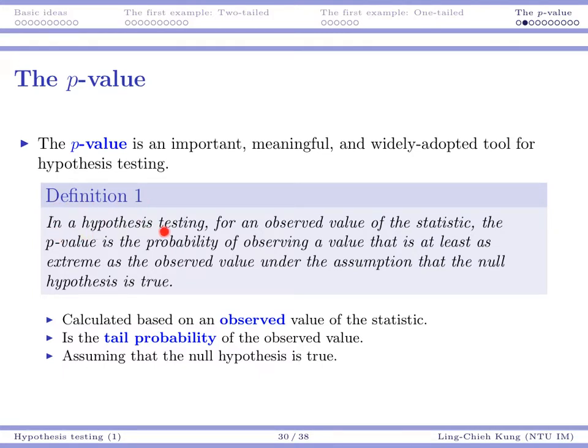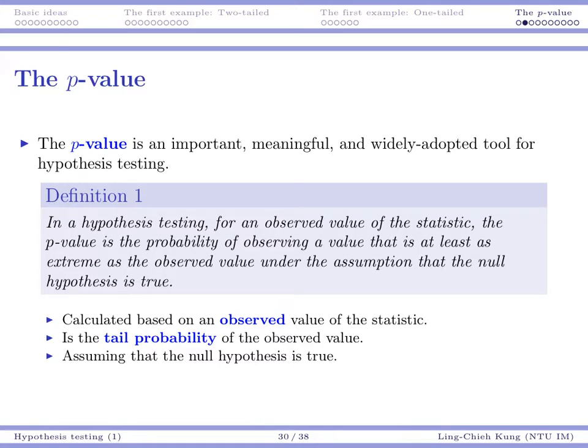In a hypothesis testing, given an observed value of the statistics, for example, given the observed x bar, the observed sample mean, its p-value is defined to be the following probability. It's the probability of observing something that is even more extreme than the observed value, under the assumption that the null hypothesis is right.